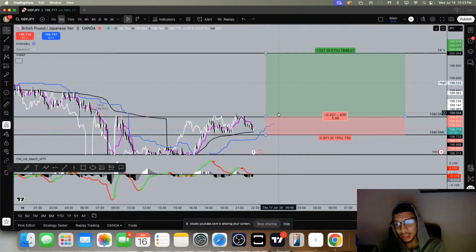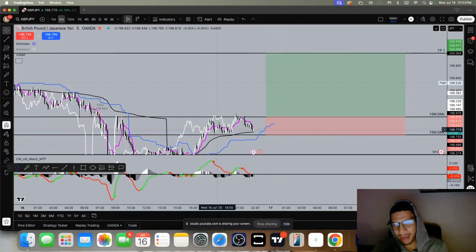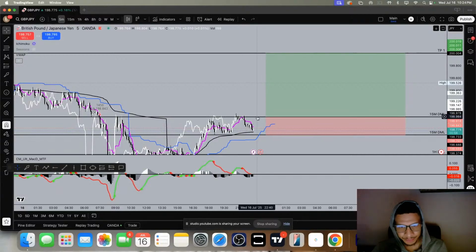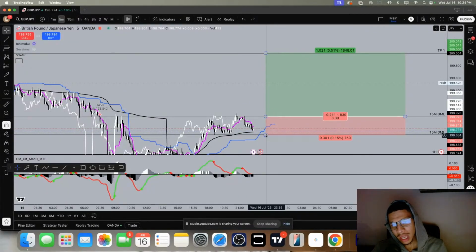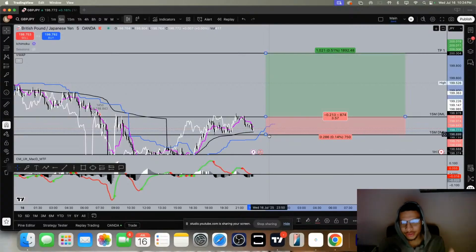That's literally what I'm looking for, that's my setup. Why? Because my confirmations are going to come in right around as we break this decision making level. And if all my confirmations are present, I'm taking that. I can play around my stop loss. I can have a tight stop, but at the end of the day, I'm identifying structure, right?